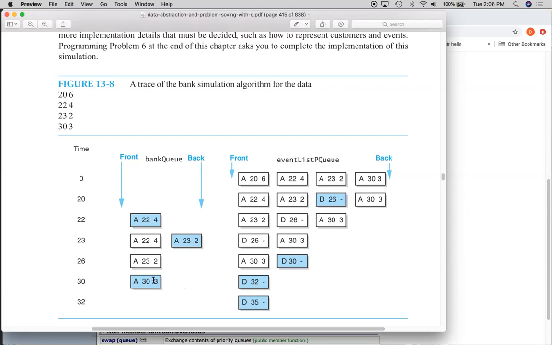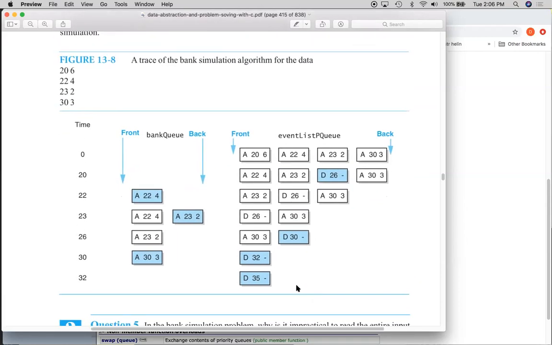What happens is we create a departure event at time 35 and put it in the priority queue. And then technically there will be one more time through the loop where we will process this departure at time 35.